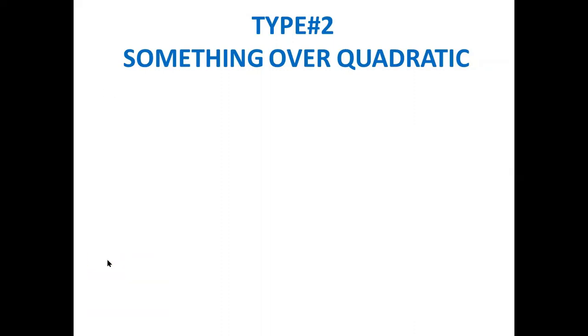Question number one. Find the domain of f(x) equal 1 over x square minus 4.